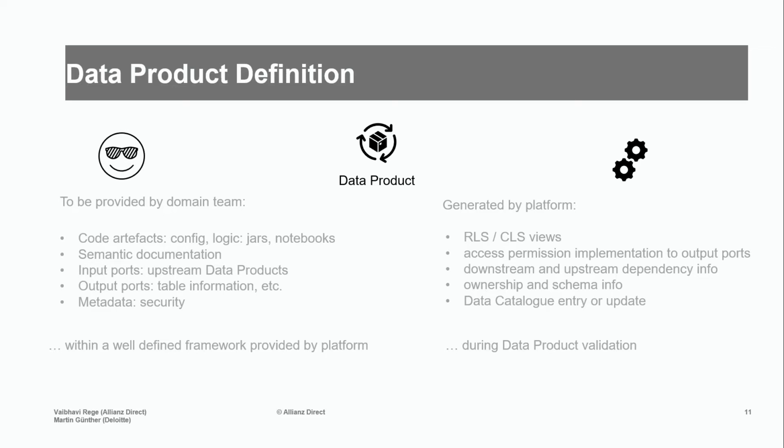And by virtue of the data certification process that we saw on the previous slide, all of the other technical aspects are taken care of by the platform. So once again, this is the general gist of the platform: all the functional information necessary is provided by the domain teams, while the technical information is abstracted away and taken care of by the platform team.